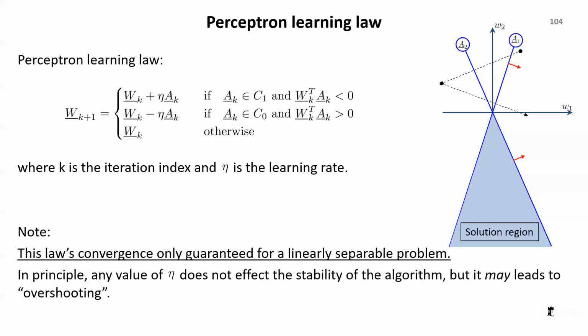This is not the right weight for A2, so it needs to correct as well. So you see, if your eta is small, you may actually go to the solution region. But because your eta is so big, it overshot.